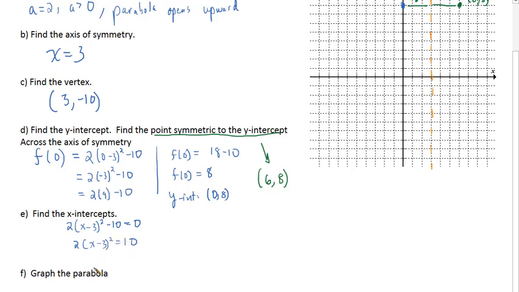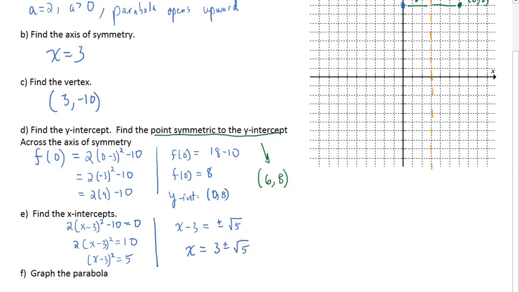I'll divide both sides by 2. So (x minus 3) squared is equal to 5. I will apply the square root property. So x minus 3 is the positive or negative square root of 5. And I will add 3 to both sides. x is equal to 3 plus or minus the square root of 5.